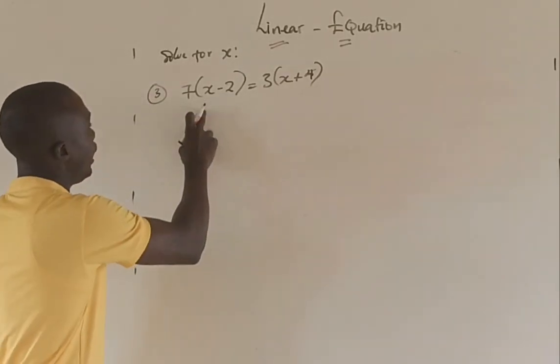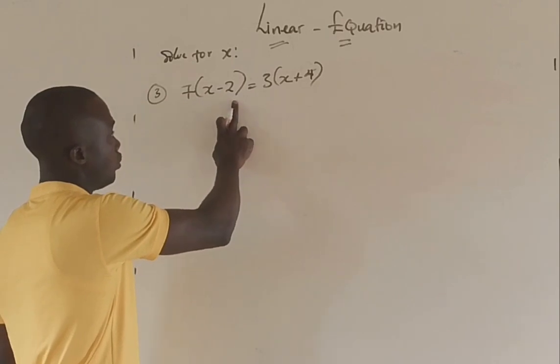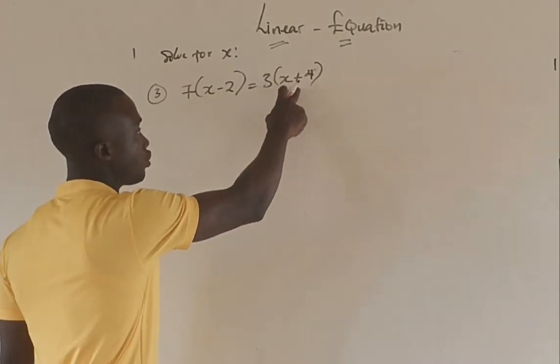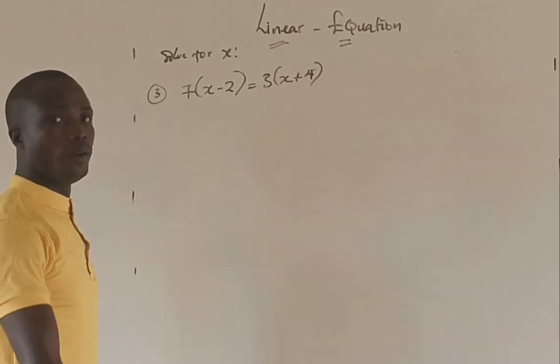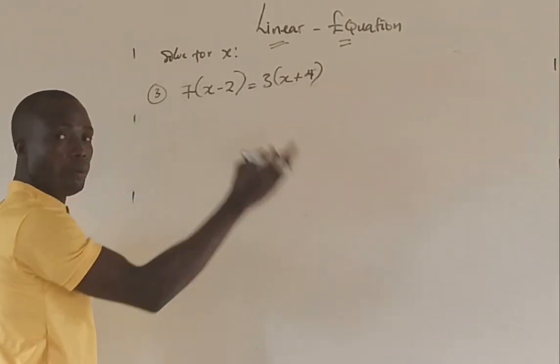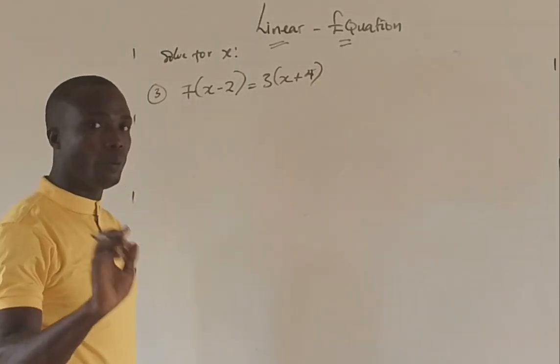Now we have this: 7 into bracket x minus 2 close bracket equals 3 into bracket x plus 4. So the first thing you do here is expand the bracket. We open the bracket by using 7 and 3 to multiply each term in the brackets first.